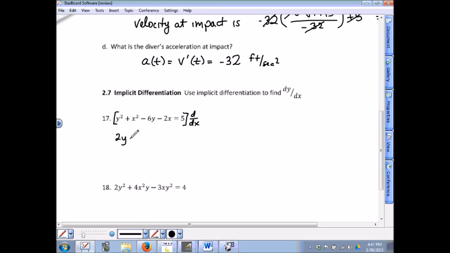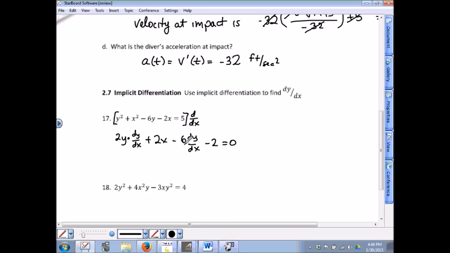So we did an outer function, which is 2y, and we multiply that by dy dx. That's the derivative of y with respect to x. Plus 2x minus 6 dy dx minus 2 is equal to 0. So that's the derivative with respect to x.